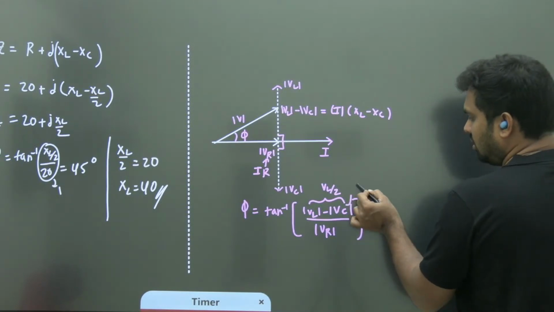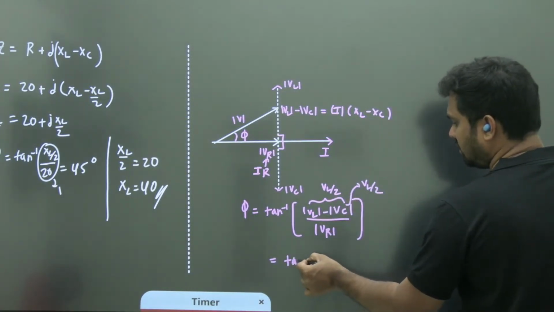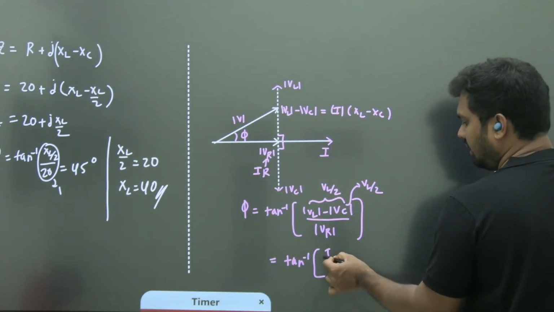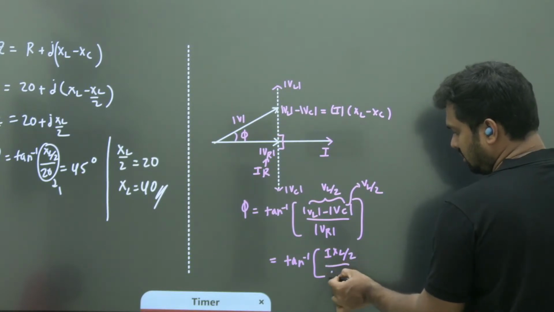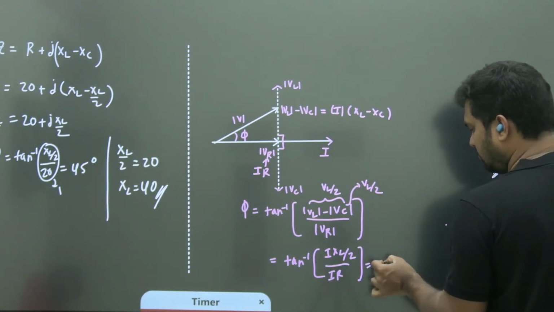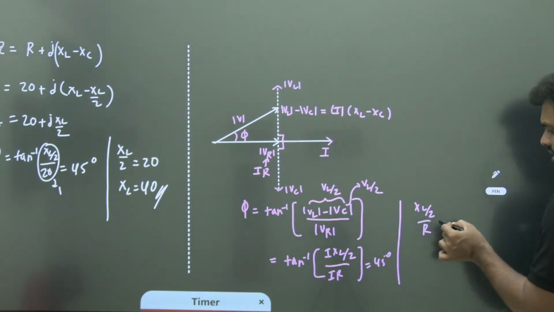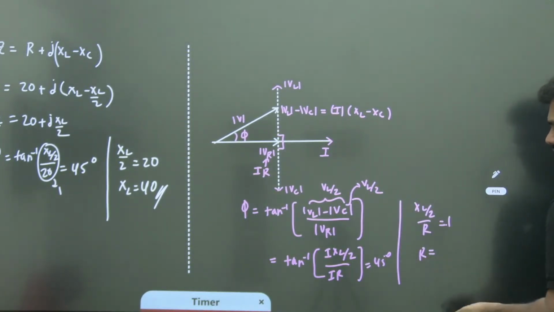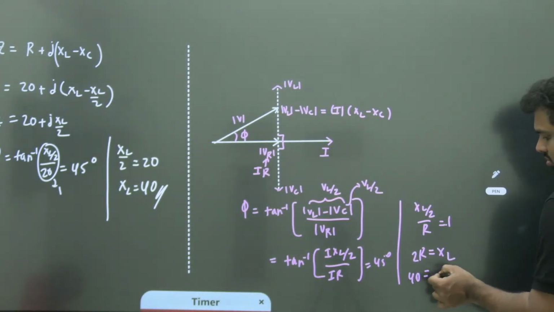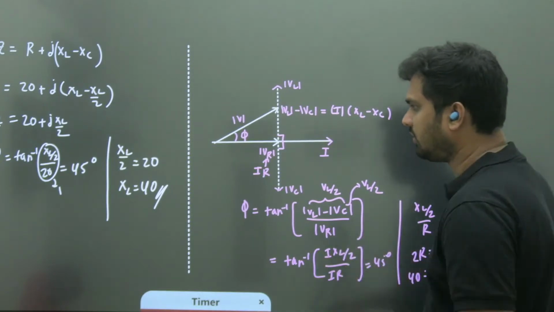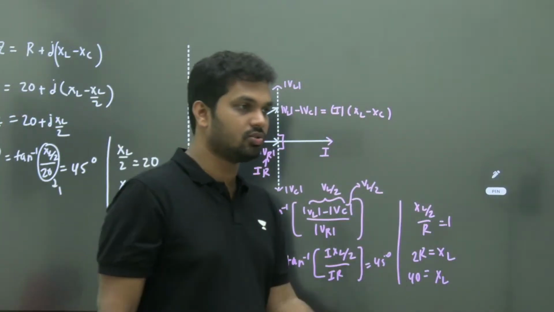Here tan inverse of (VL by 2), which is I XL by 2, by I R, is 45 degrees. Again, same story: XL by 2 by R must be equal to 1, so 2R equal to XL. Any method, by phasor diagram or direct analysis, will give you the same answer finally. So let's move to the next question.